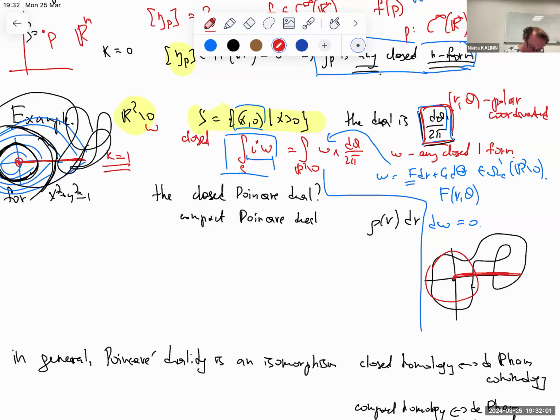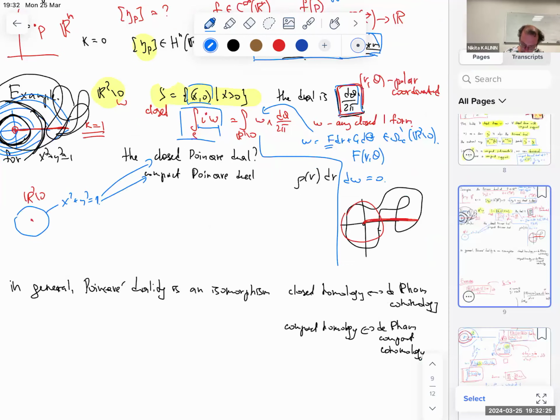Another example, again the same picture. Again, R2 without 0, but now we ask about the circle, just x squared plus y squared equals 1. Since this is a compact submanifold, we can find both the closed Poincare dual and the compact Poincare dual. Okay, let's try to do it now.